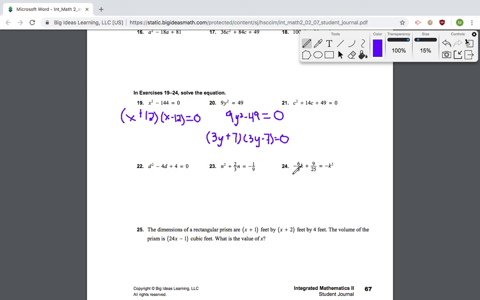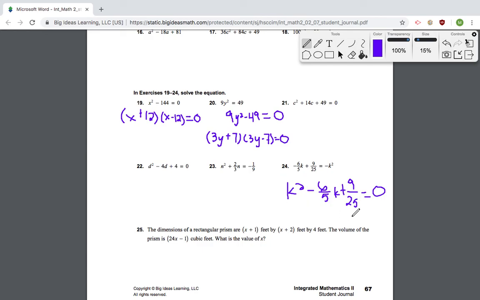For 23, you have to add 1/9. For 24, after you add, it should look like this: k squared minus 6/5 k plus 9/25. But again, if you pay careful attention to the product patterns on page 65, you are just dealing with the square roots of the first term and the last term.